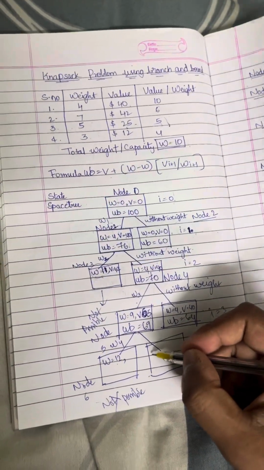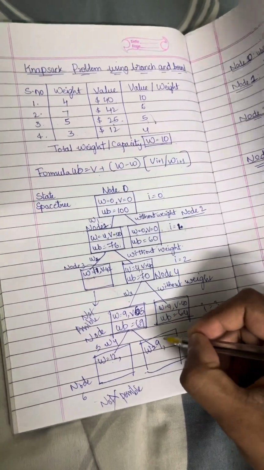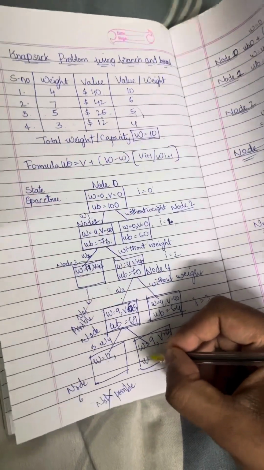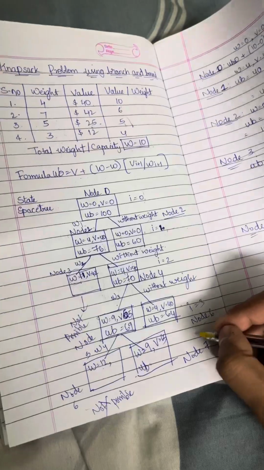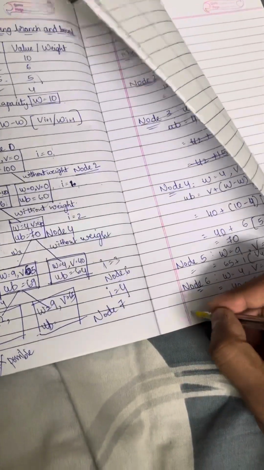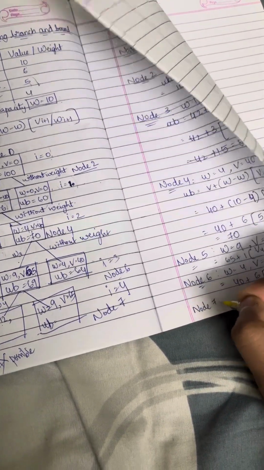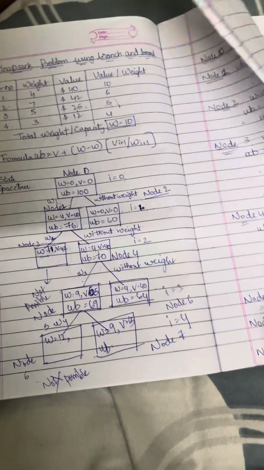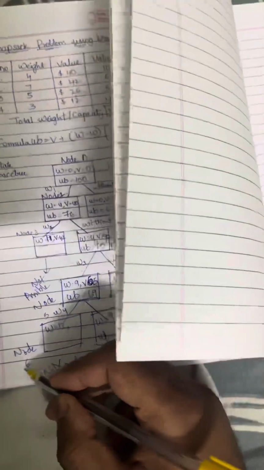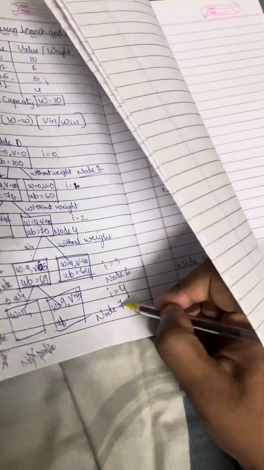Now weight for this doesn't change, 9, and V is equal to 65. And let's calculate the upper bound value for this, but here the I value is like 4. Oh sorry, here already we have finished node 6, so this is node 7 and this is node 8.